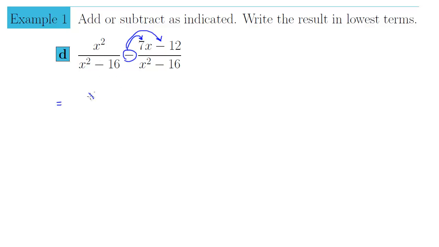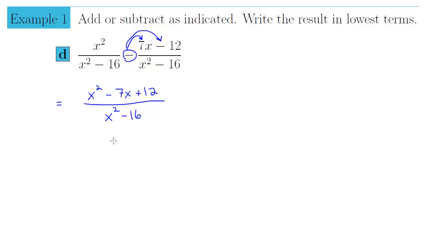On the top, we have x squared, then minus 7x, and then minus minus, which is plus 12. Again, x squared minus 7x plus 12. That becomes our numerator. And the denominator is the like denominator, which is just x squared minus 16.